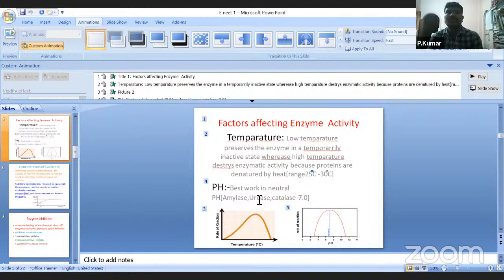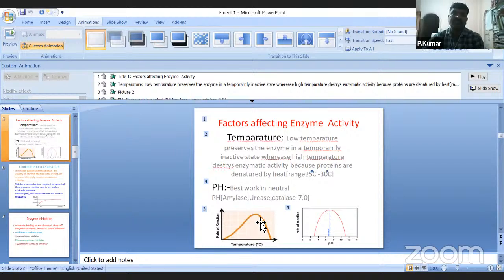Okay. Some enzymes show different kinds of pH values. For example, amylase, urease, and catalase work at neutral, 7.0 means neutral. Increasing the pH value toward the optimum, their activity also increases.